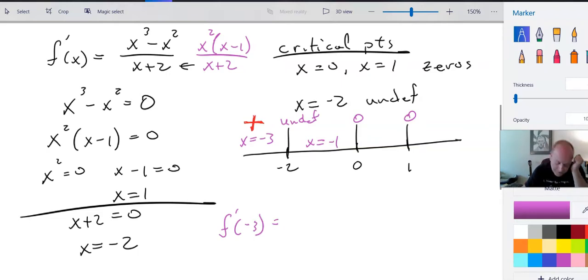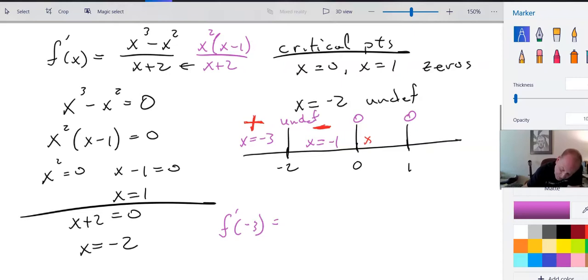I said that backwards. That's a positive number. So it's a negative divided by a positive, which means that this interval in the second piece is negative, right?